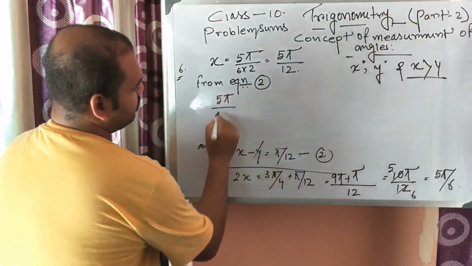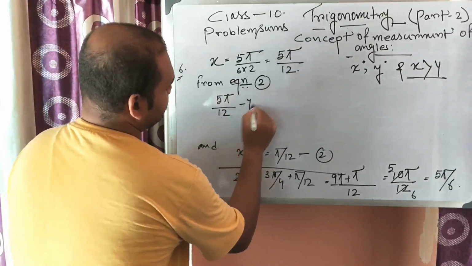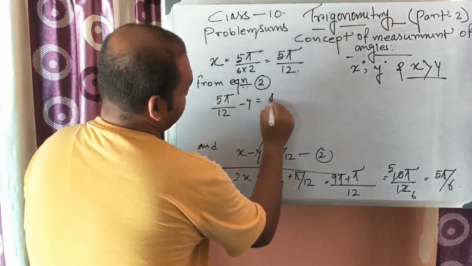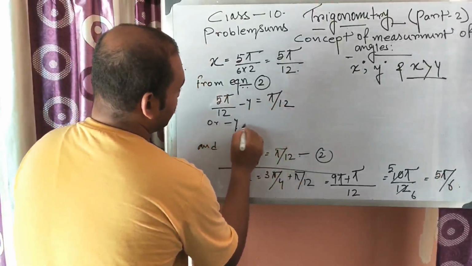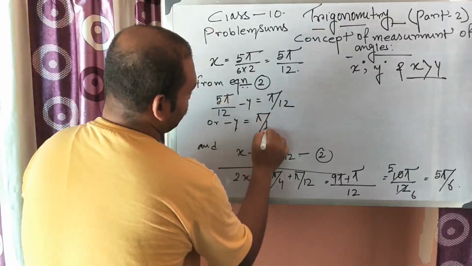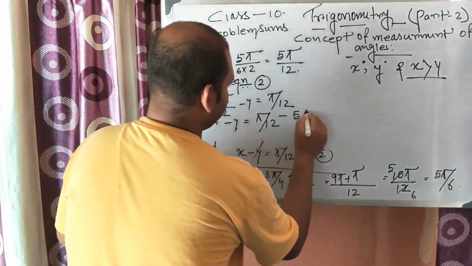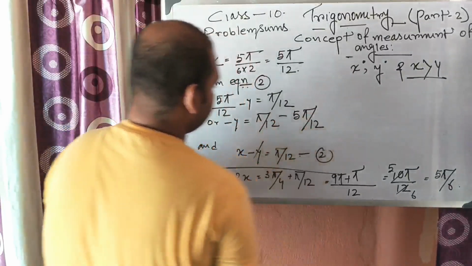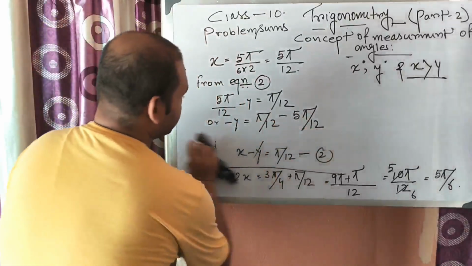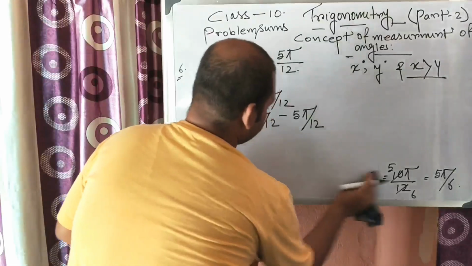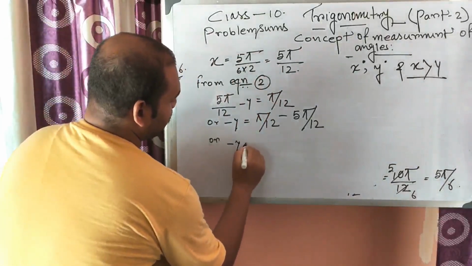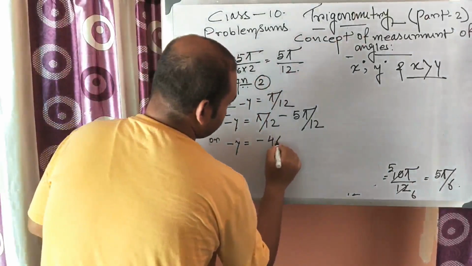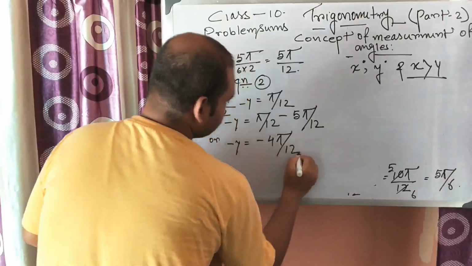So 5 pi by 12 minus y is equals to pi by 12. Or you can write minus y is equals to pi by 12 minus 5 pi by 12. So what is the value of y? Minus y will be minus 4 pi by 12.